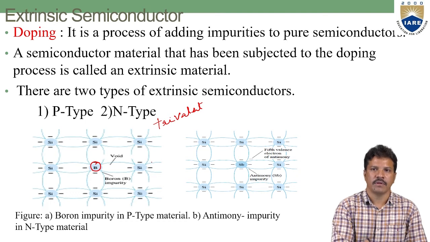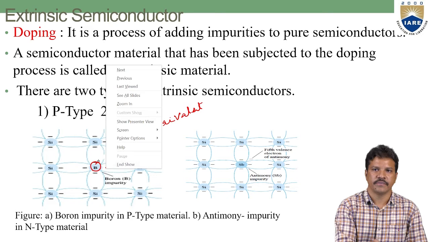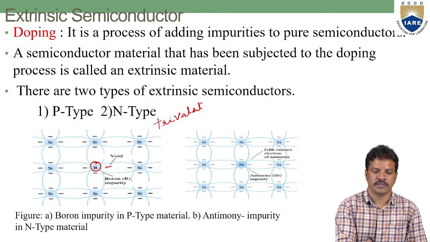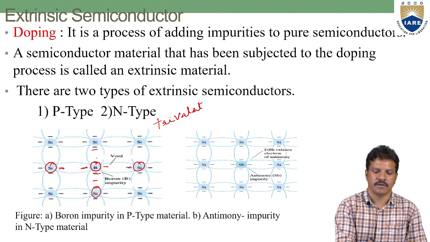For example, if you see here, this valence electron, this valence electron, this valence electron, they are covalently bonded with the neighboring silicon atoms. Whenever they covalently bond with the neighboring silicon atoms, there will be a vacant space here.